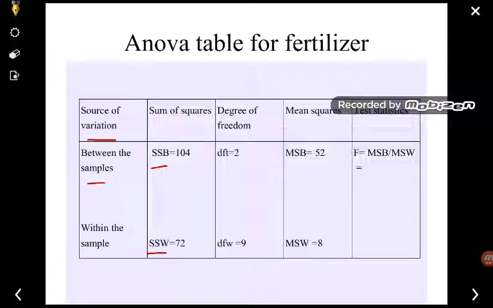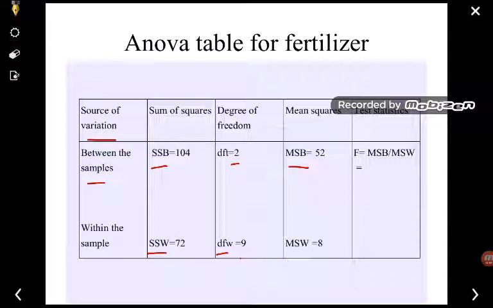Next is the degree of freedom. First one is the number of samples minus 1, and the degree of freedom within the samples is the total number of observations minus samples, 12 minus 3, we have calculated. Next is the column about the mean square. We got MSB as 52 and MSW as 8.